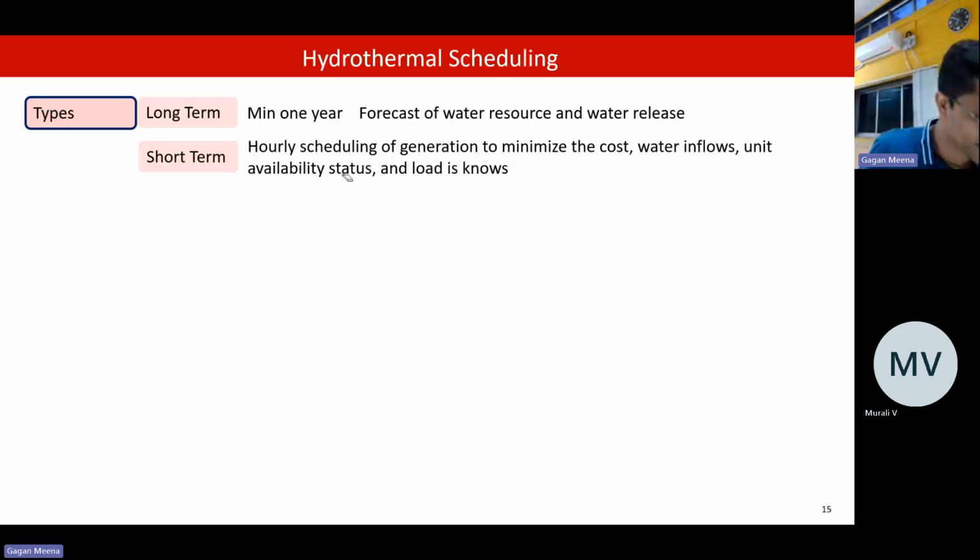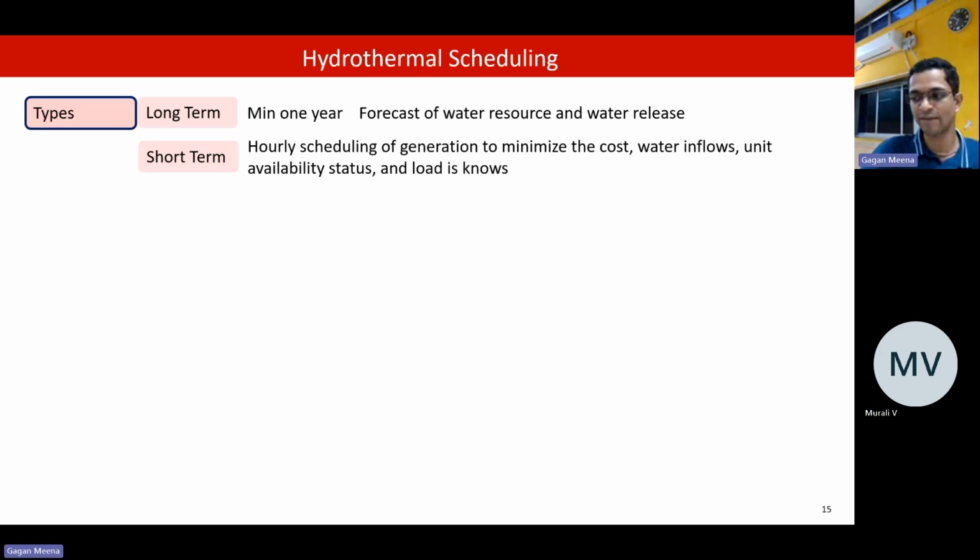The next one was this hydrothermal scheduling. This is also very, now we have been used to it. We have been operating our system for so many years. So it seems because of a lot of experience, we are able to schedule these thermal plants with coal.